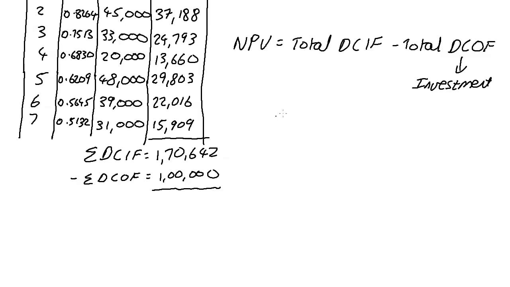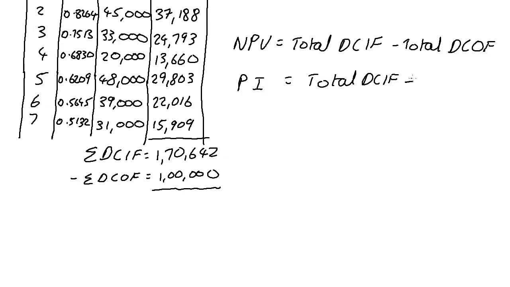Alright, so in the same way, we have profitability index. Okay, so PI is exactly the same thing, total discounted cash inflow, but instead of minus, we divide it by total discounted cash outflow.